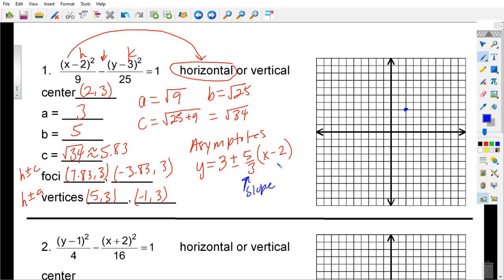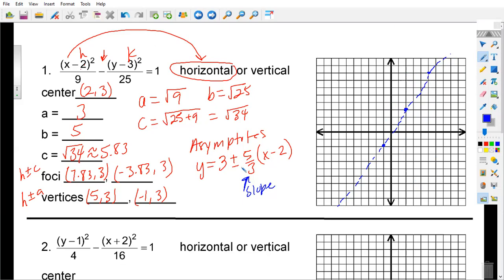I plotted my point. I'm going to rise and I'm going to run. So rise 5, then run 3. And then go down 5 and left 3. And I know that this is going to be my asymptote with the positive slope.